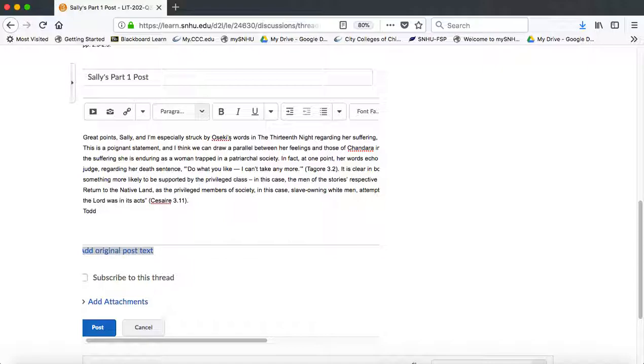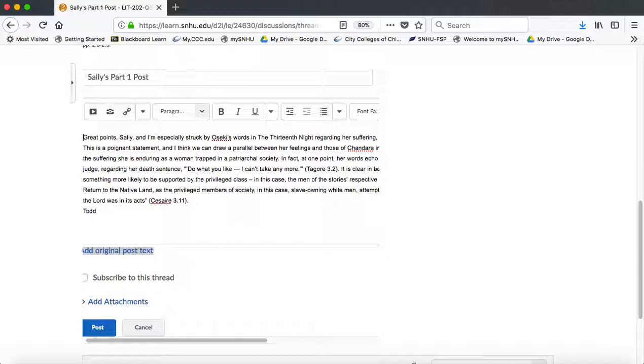So here I'm taking what the person said about the week 2 text, and I'm integrating the week 3 texts into it. That's where I'm bringing in Chandra from Punishment. "In fact, at one point, her words echo Oseki's almost verbatim when she tells the judge regarding her death sentence, 'Do what you like, I can't take any more.'